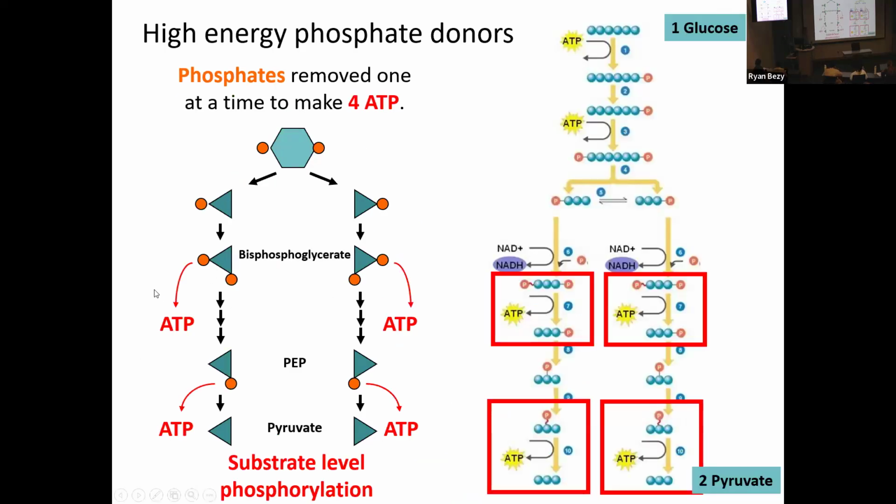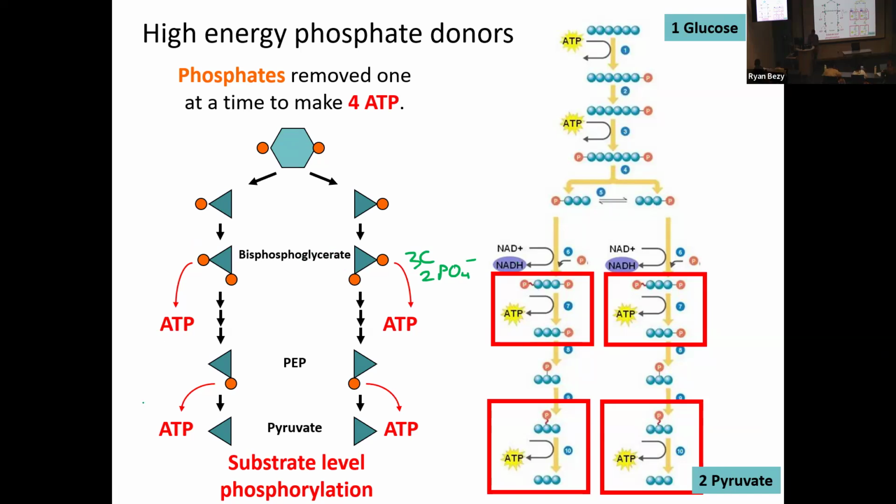In the rest of glycolysis, you have what's called a bisphosphoglycerate molecule right here. It's a 3-carbon, 2-phosphate molecule. Through multiple chemical reactions, the phosphates get stripped off.